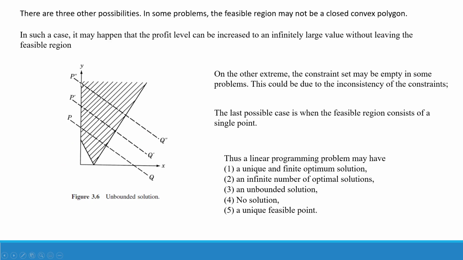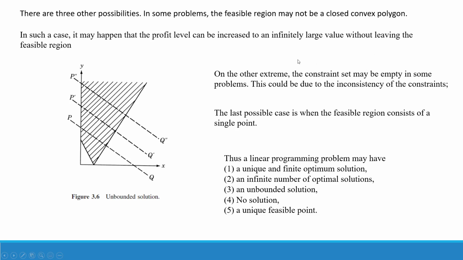In this case, the possible solutions are very extensive, and for that reason the profit can be increased infinitely, without bound from the feasible region.